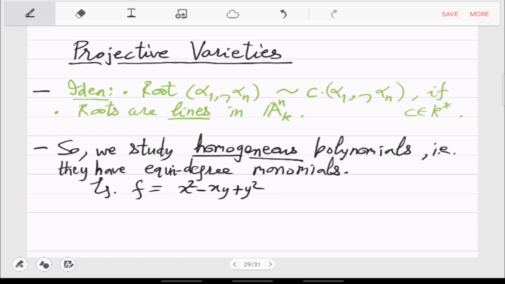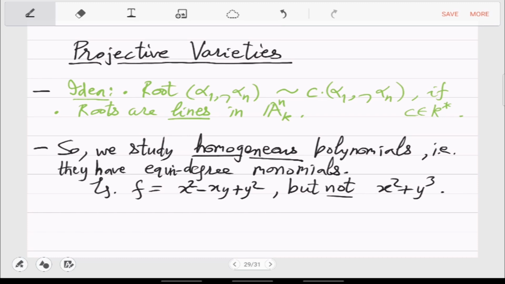So this is a quadratic form, that's a homogeneous polynomial, but not x square plus y cube. Okay, so this is an inhomogeneous polynomial. It is neither a quadratic form nor a cubic form.